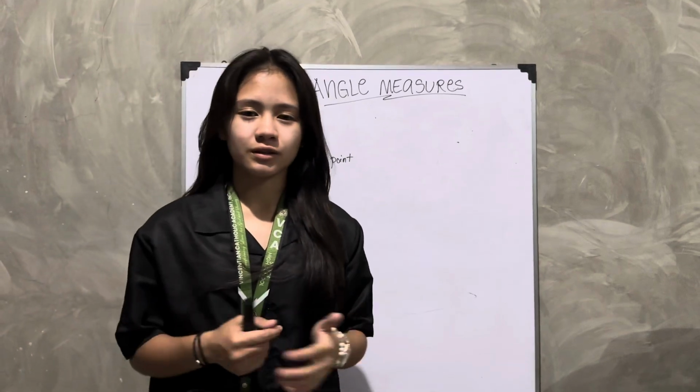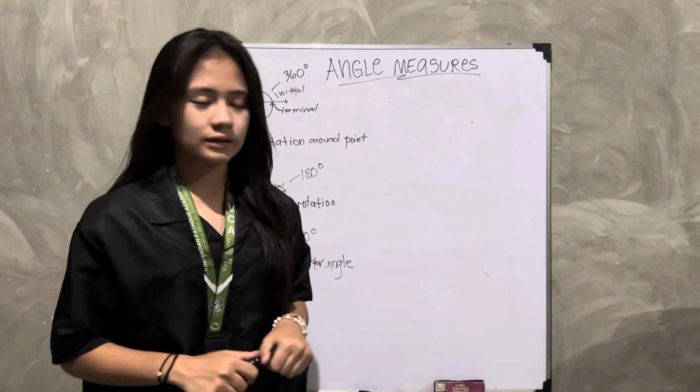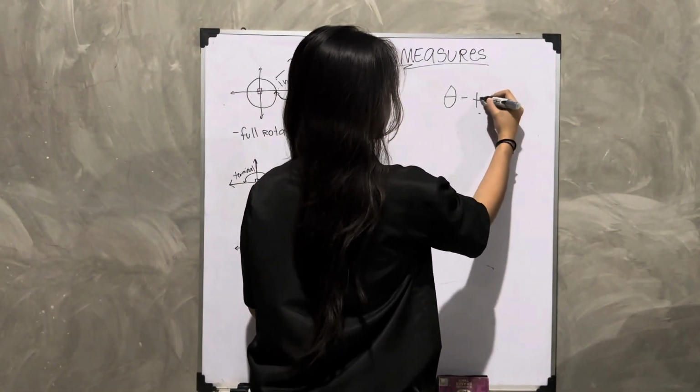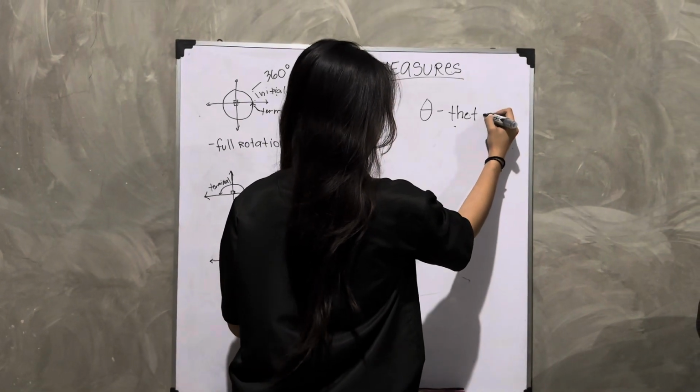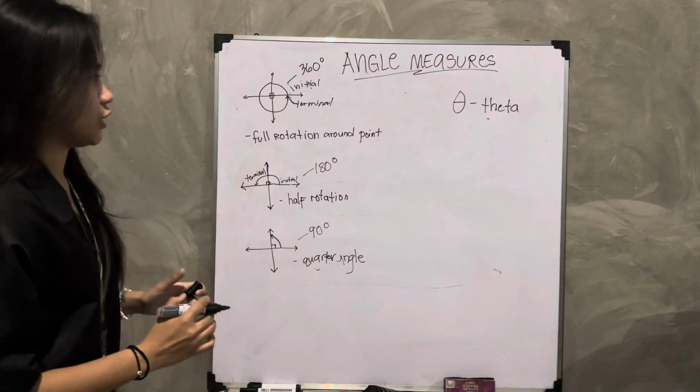Now, we are down to angle measures. Angle measure is defined by the amount of rotation formed by 2 intersecting rays. It is denoted by this sign called theta. Here, I have 3 kinds of illustration.